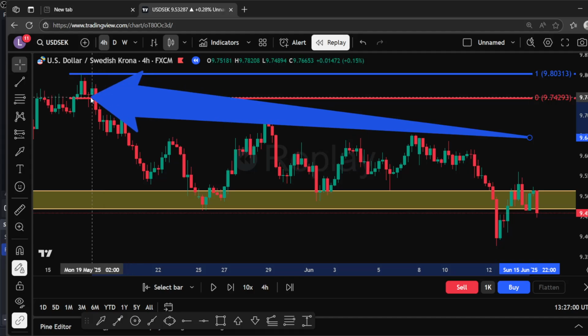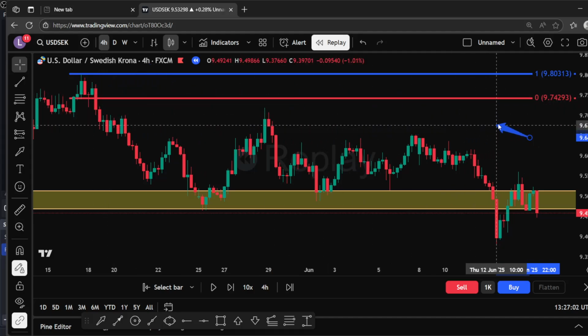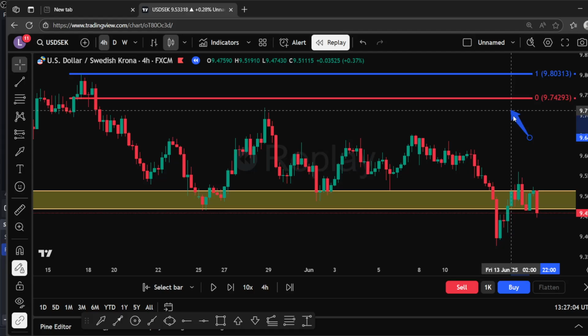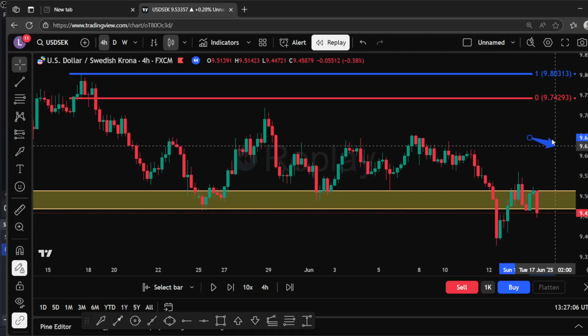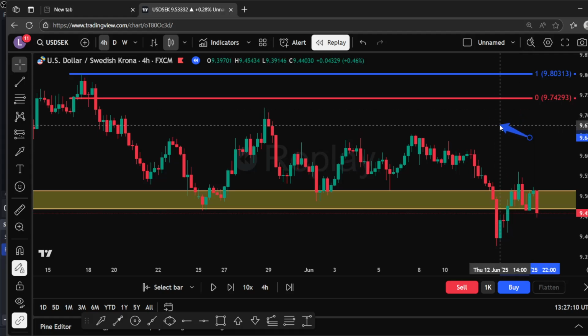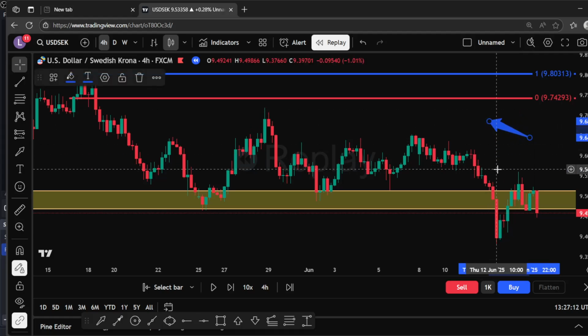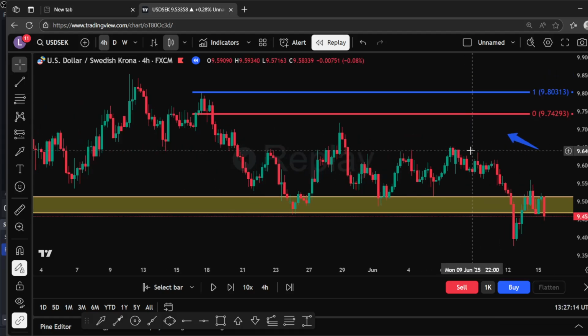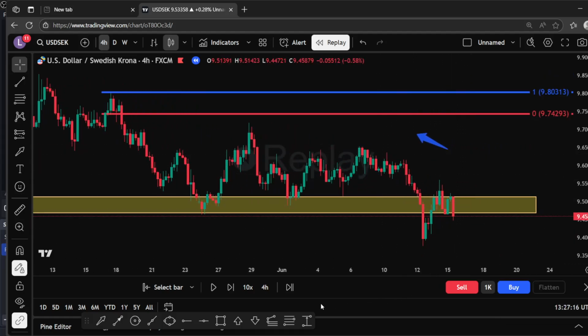So this is a fresh supply zone. I'll plot this zone, and then wait for the market to come back to this zone before I take a sell trade. Remember, we're in a downtrend, so I want to go short with the banks. I don't want to go short before the right time.